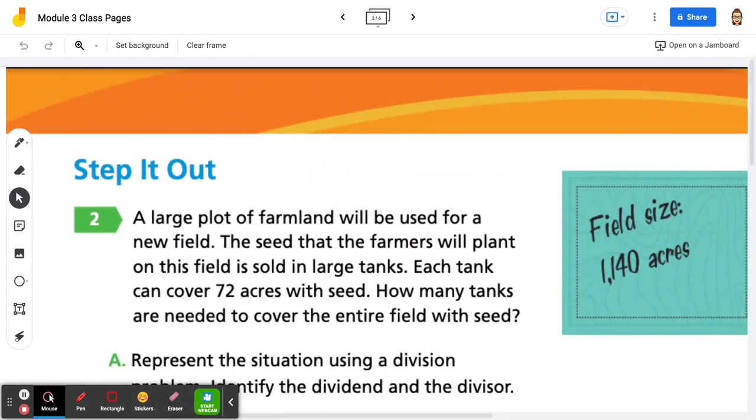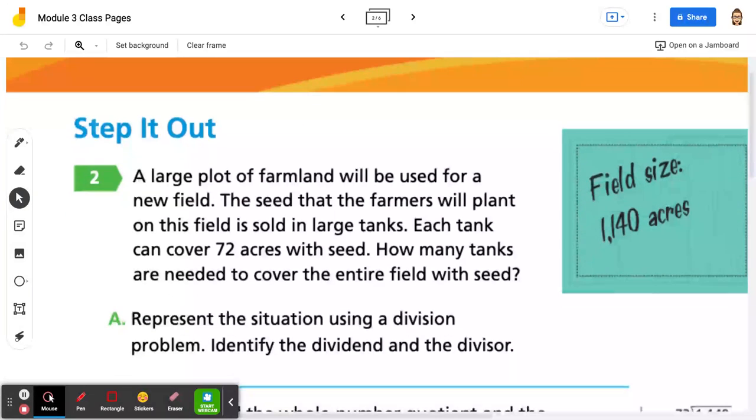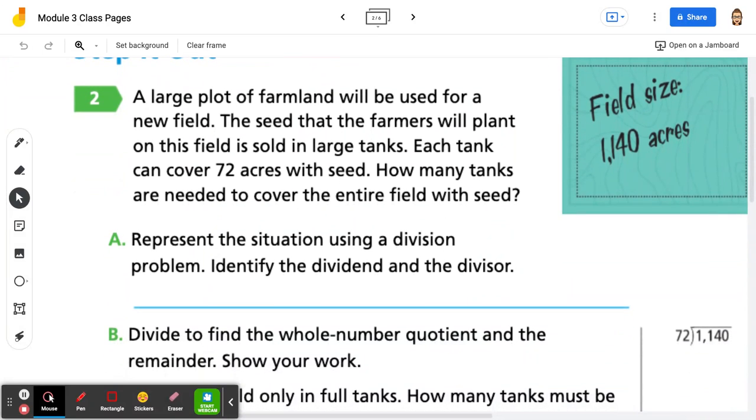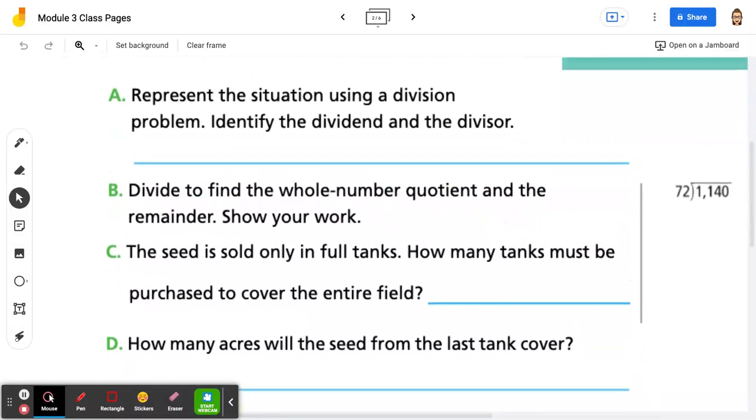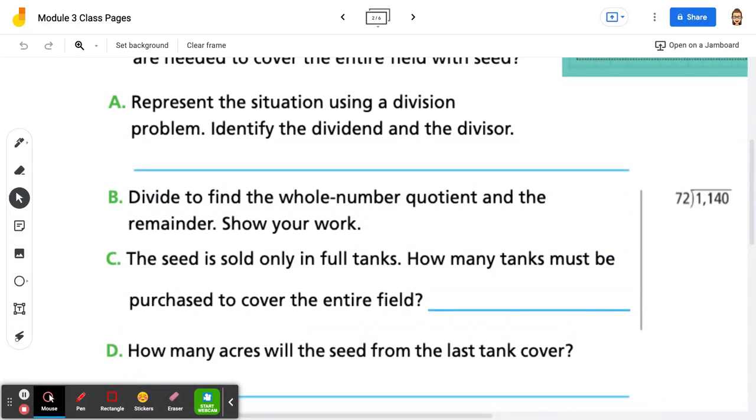It says step it out. A large plot of farmland will be used for a new field. The seed that the farmers will plant on this field is sold in large tanks. Each tank can cover 72 acres with seed. How many tanks are needed to cover the entire field with seed? Represent the situation using a division problem.